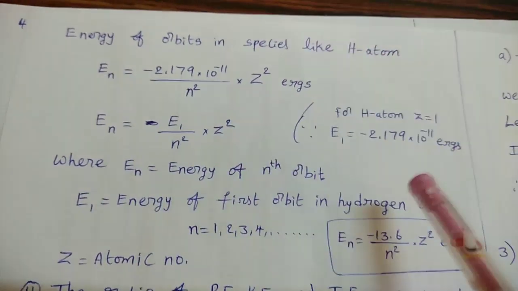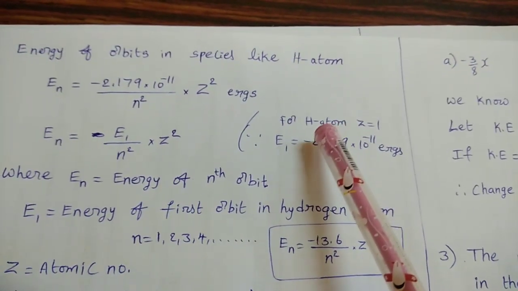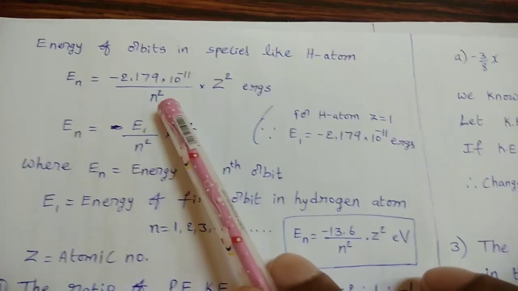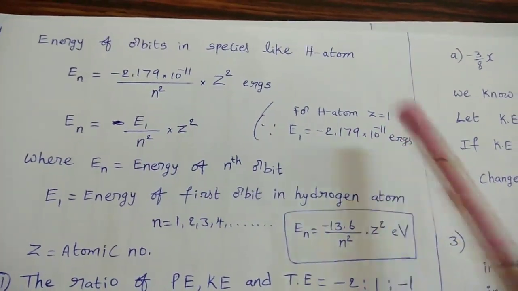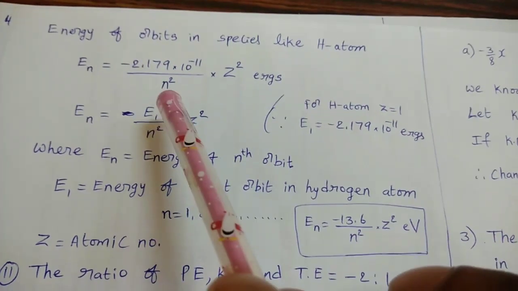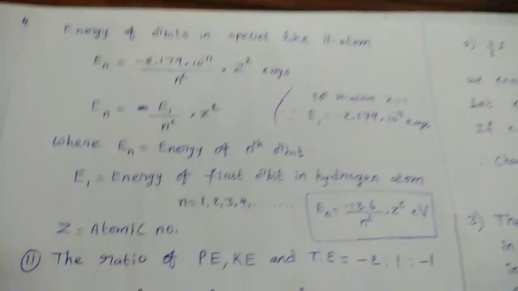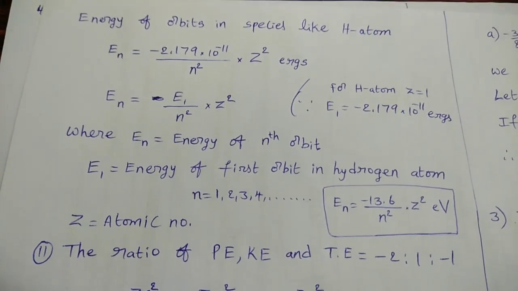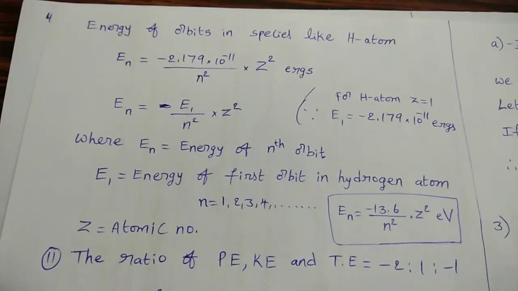Here E1 means this one. In case of hydrogen atom, Z value 1, for first orbit n value 1, then we can get this one. That's why in place of this value we can write E1. So here En is the energy of the nth orbit, E1 is the energy of first orbit in hydrogen atom.